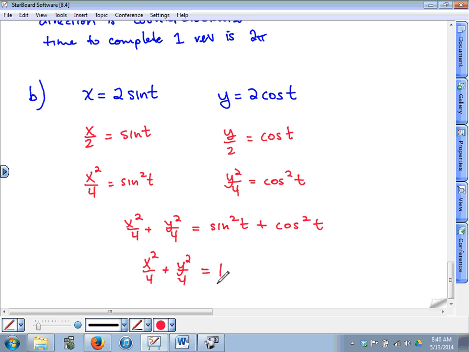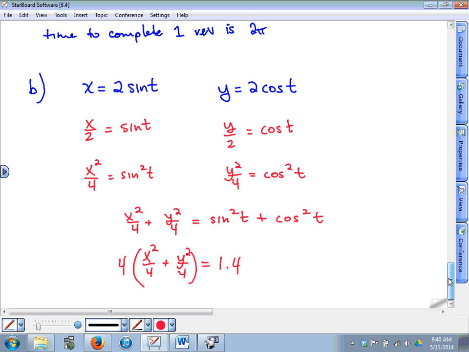Now be careful here. This is not really the equation of a circle yet. I guess it is, but it's not in the form we want. We don't want any denominators for a circle. We only want a denominator for an ellipse or a hyperbola. So multiply this side by 4 and this side by 4 to clear the fractions.